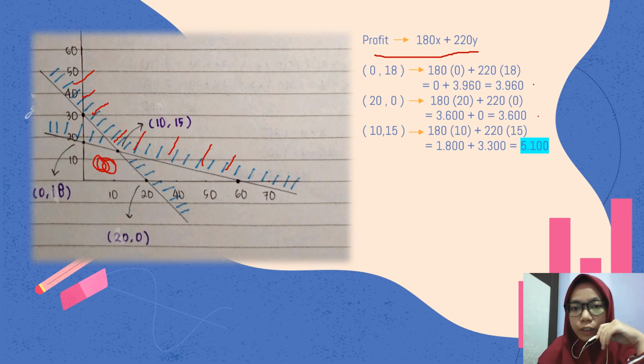And if the corner is (10, 15), the profit is 5,100. This is the maximum profit. So to maximize profit, we should produce 10 bike B and 15 bike C.